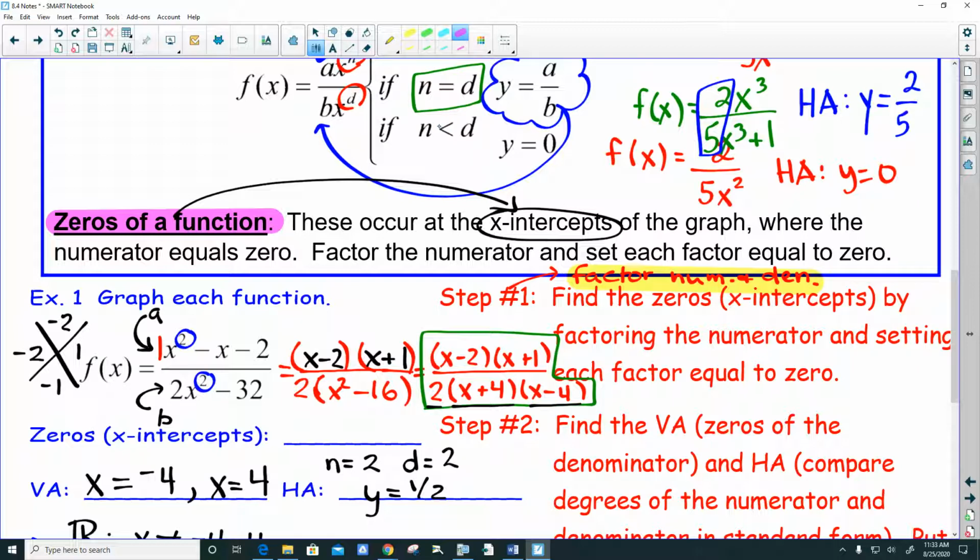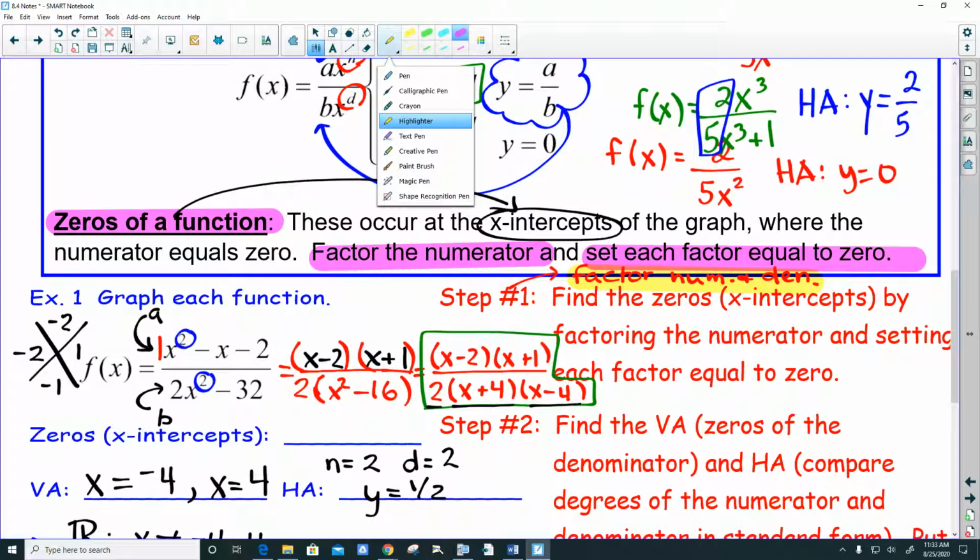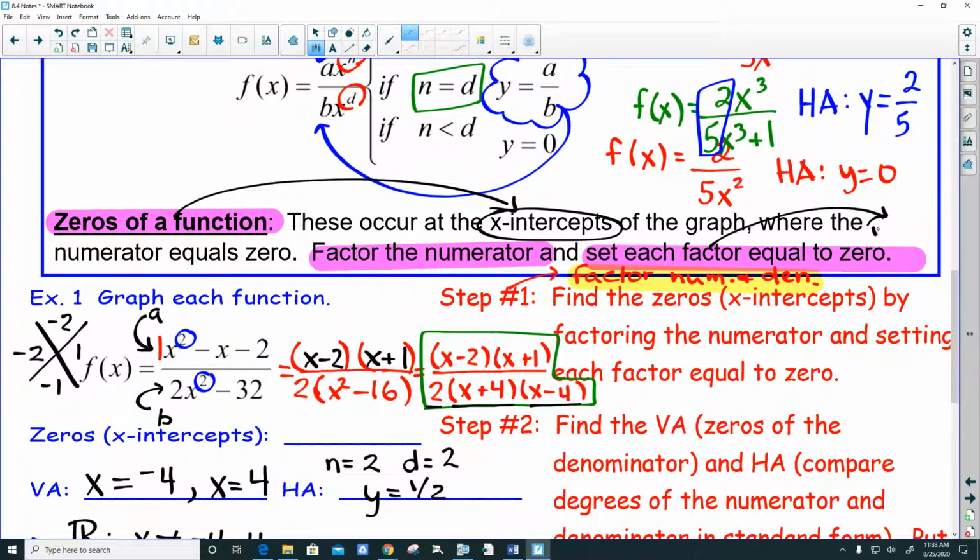The zeros occur if you factored the numerator and you set each factor equal to 0. Kind of like what we did with the domain restrictions, only we're doing it now with the numerator. Again, the assumption is you're setting each factor with an x. It's got to have a variable. If it's just a constant, it doesn't make sense to set that equal to 0.